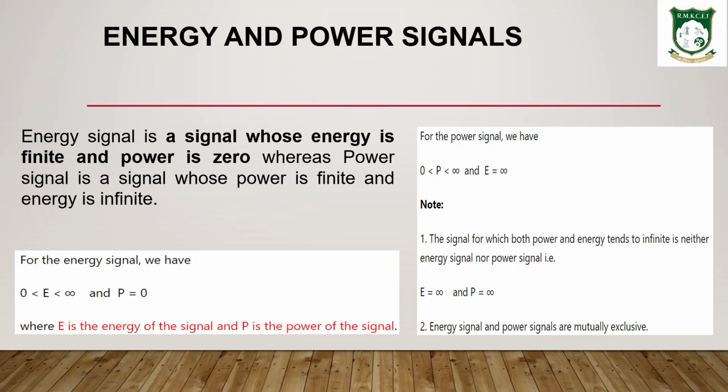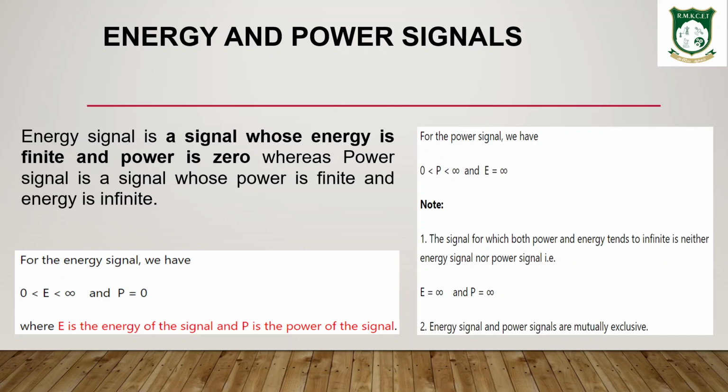If energy is finite and power is 0, then that signal is said to be an energy signal. And if power is finite and energy is infinite, then that signal is said to be a power signal. And in a few cases, there are neither energy nor power signals, where both energy as well as power are infinity.